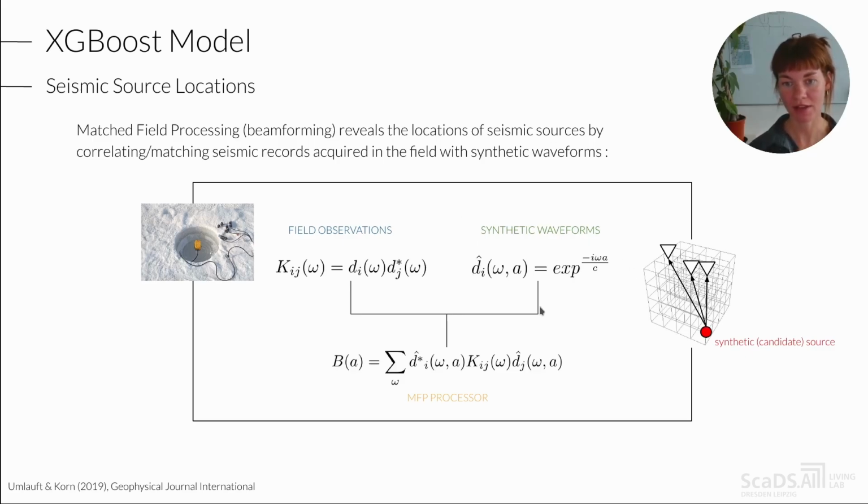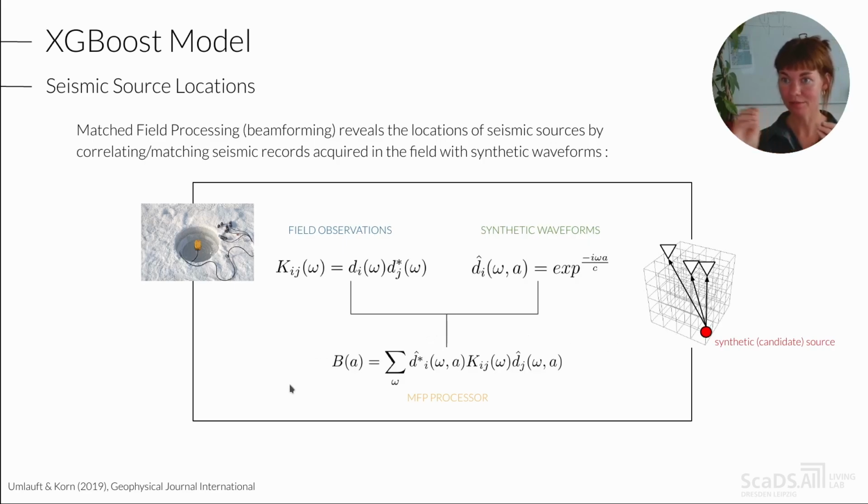Also here we derive a spectrum, and what we then do is that we match both fields, like our field from the cross-spectral density matrix in the spectral domain, and also the synthetic wave field at each grid node.